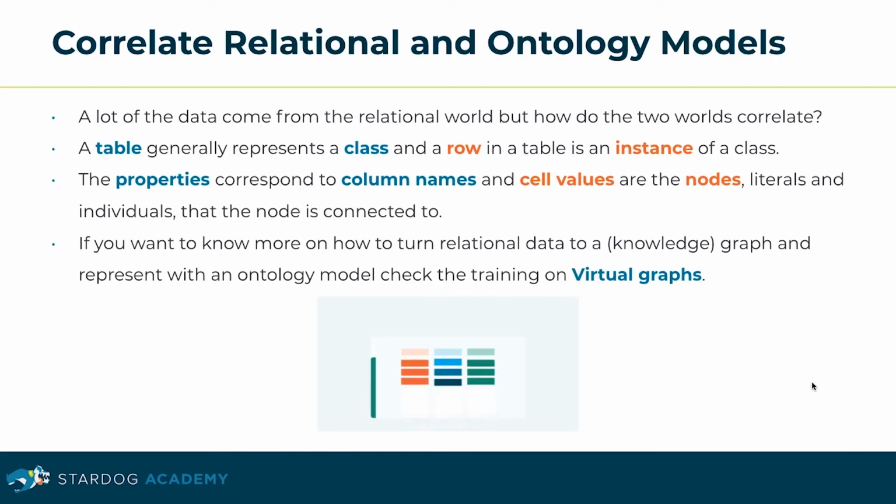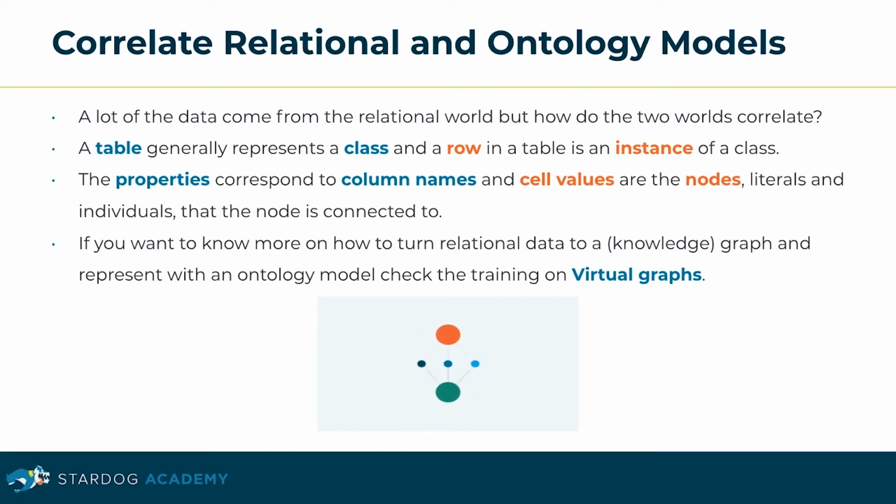So we covered a lot of ground with regards to the main ontological concepts and examples there. But how do the ontology models and these concepts correlate to relational models? A lot of data comes from the relational world, but how do the two worlds correlate? A table generally represents a class in an ontology model, and then a row in a table would basically represent an instance or individual of a class.